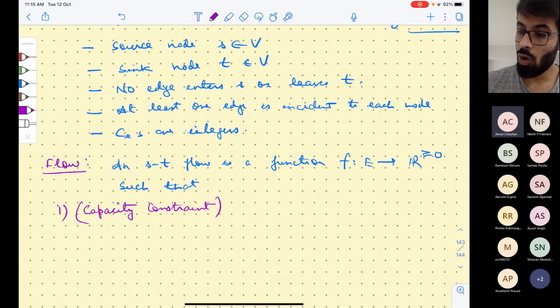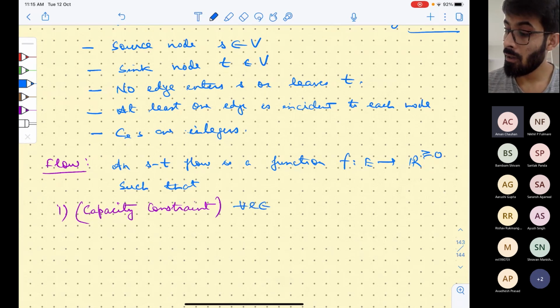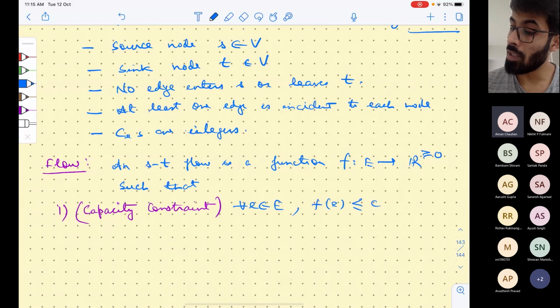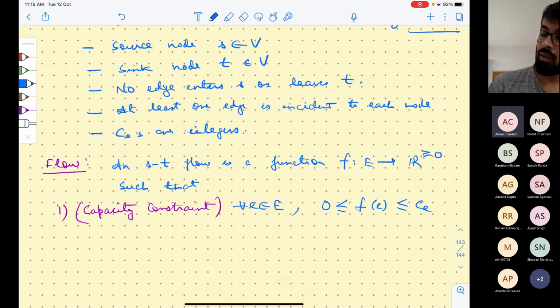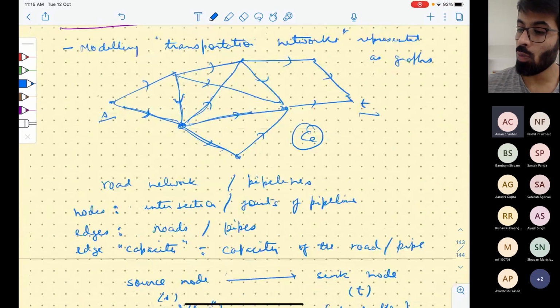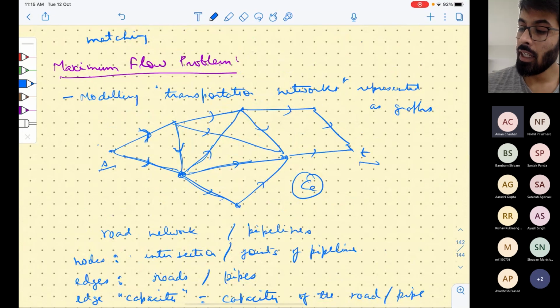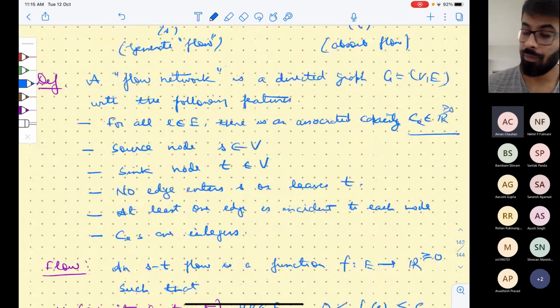And what does it say? That for all edges, f of E should be less than or equal to the capacity of E, right? And it should be at least 0. So this is the capacity constraint, which is like, that if we want to put some flow on any edge, it should be at least 0 and it should be less than the capacity of that edge.